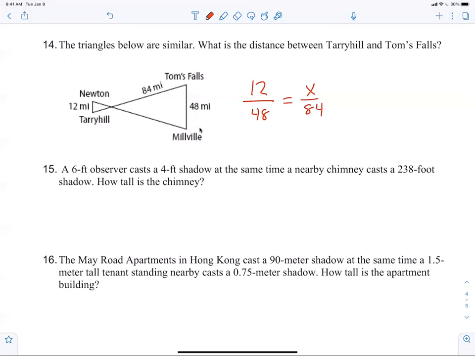All right, so what is X? I got 21. Yeah, I got 21 miles.